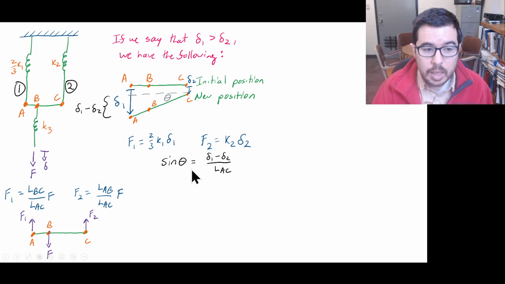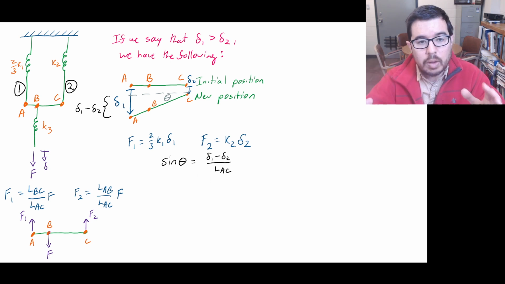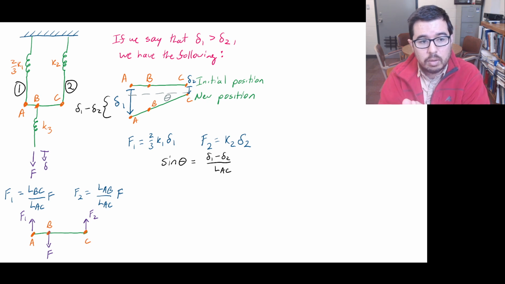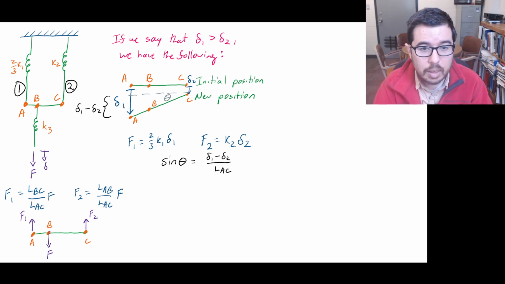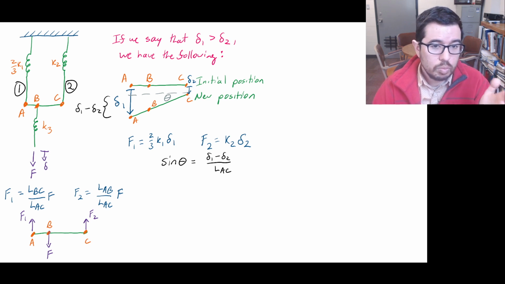So they would write tan theta equals delta 1 minus delta 2 over LAC. That's actually fine. For small angles, it's not going to make a difference. Small angle approximations for minus 10 degrees to 10 degrees will show you that sine theta and tan theta are essentially the same. They're very equal. And so you could pick either way to work this problem, but we're using sine theta here.